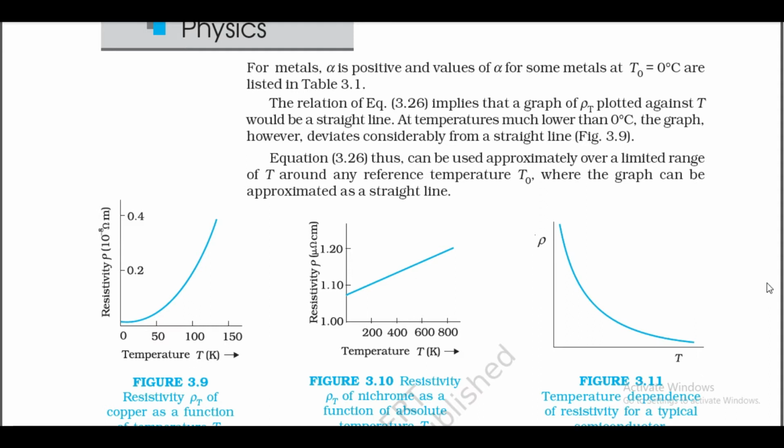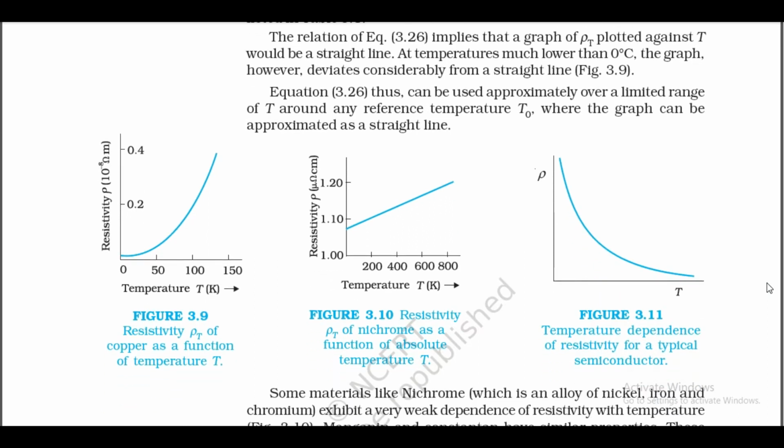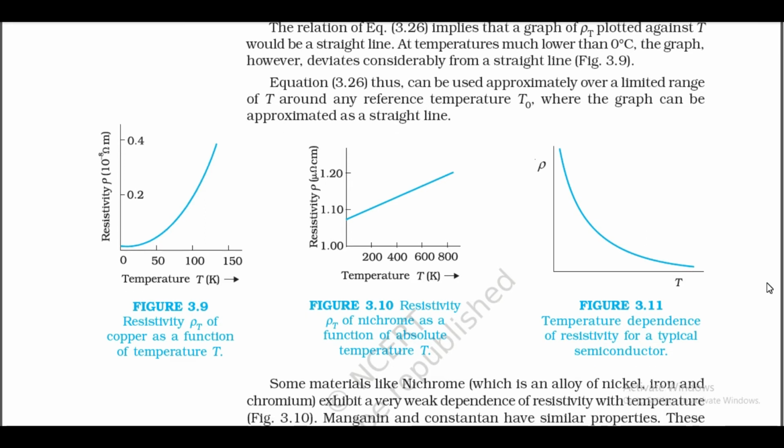At temperatures much lower than 0 degrees Celsius, the graph, however, deviates considerably from a straight line. Equation 3.26 thus can be used approximately over a limited range of T around any reference temperature T_0, where the graph can be approximated as a straight line.